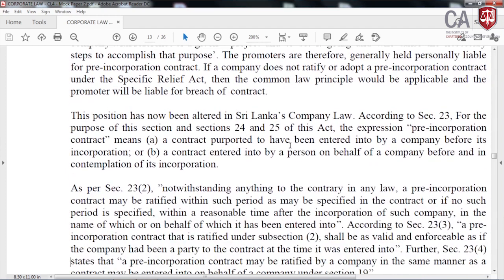The position has now been altered in Sri Lanka's company law and also in the UK, because the common law decision has now been overtaken by the legislation, the Companies Act.